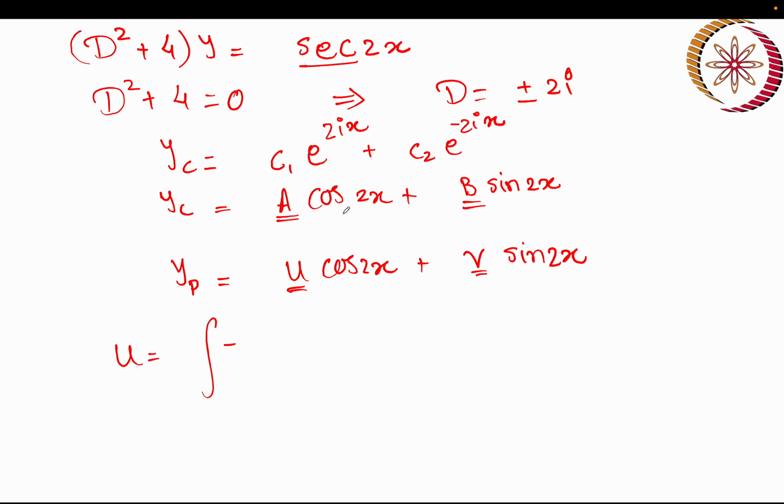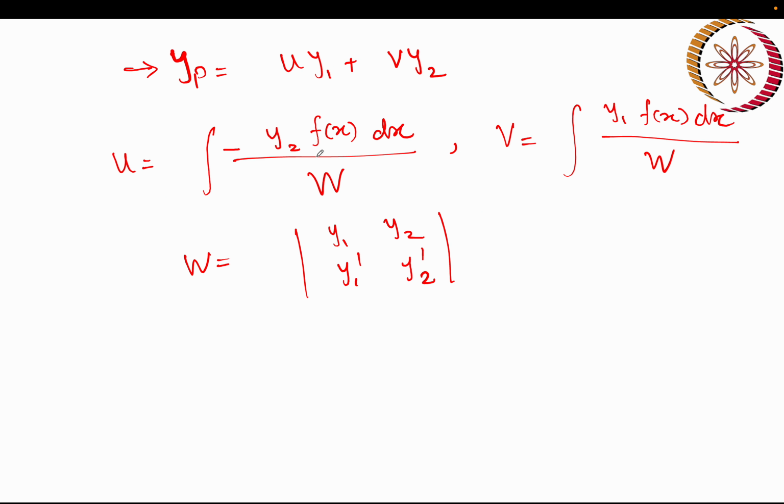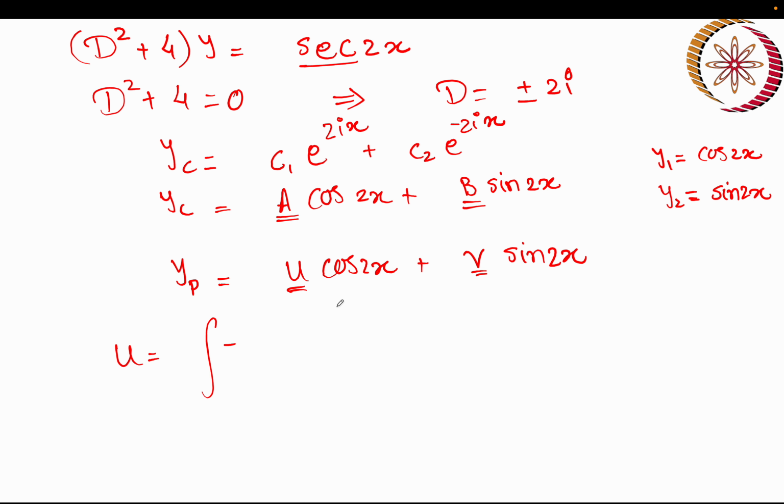You can see y1 is cos 2x, and y2 is sin 2x. I will write first f of x dx and y1, y2, y1 prime, y2 prime.